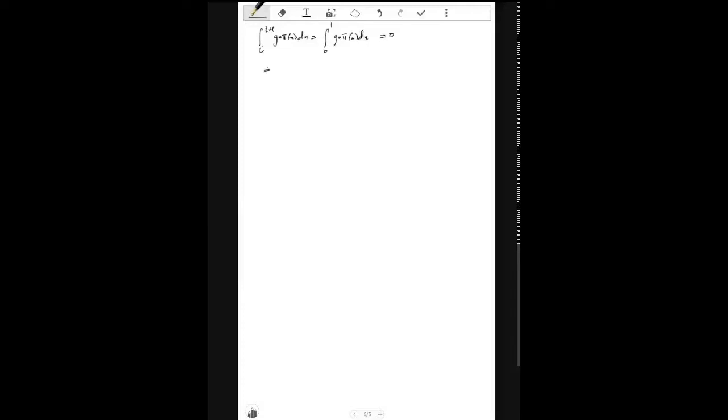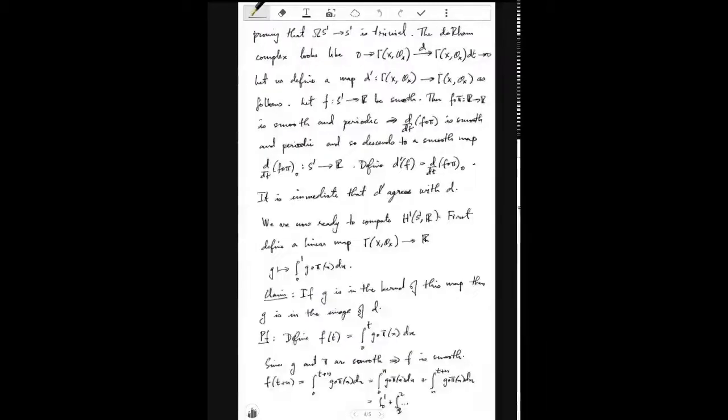So this implies that f of t plus n is equal to f of t. And here once again we have used the fact that g composed with π is periodic to say that f of t plus n is equal to the integral from n to t plus n of g composed with π of x dx, and this is equal to the integral from 0 to t.